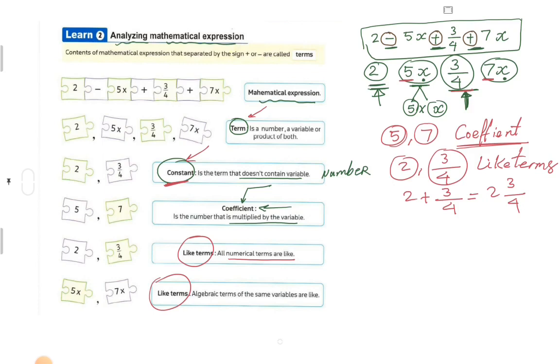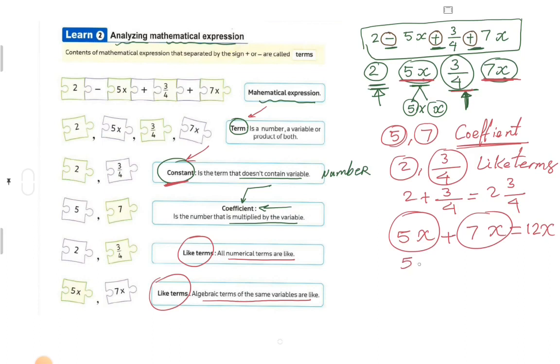And like terms: all algebraic terms of the same variable are like terms. Where are the algebraic terms here? We have 5x and 7x. Note that 5x and 7x, can I add them? Yes, I can add 5x to 7x. It equals 12x. So I can say that 5x and 7x are two like terms.